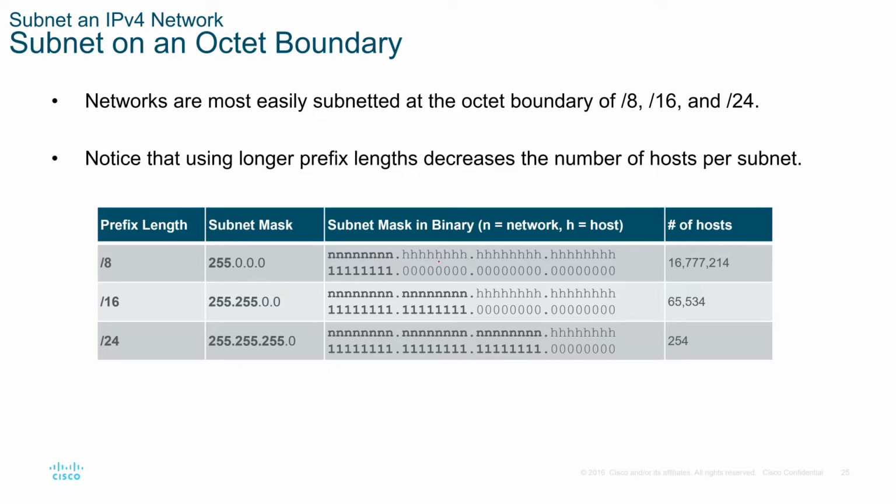So if we were to subnet on an octet boundary, taking for example the /16, we could use the third octet to indicate what subnet. So we could have 254 networks, and each one having 254 hosts.